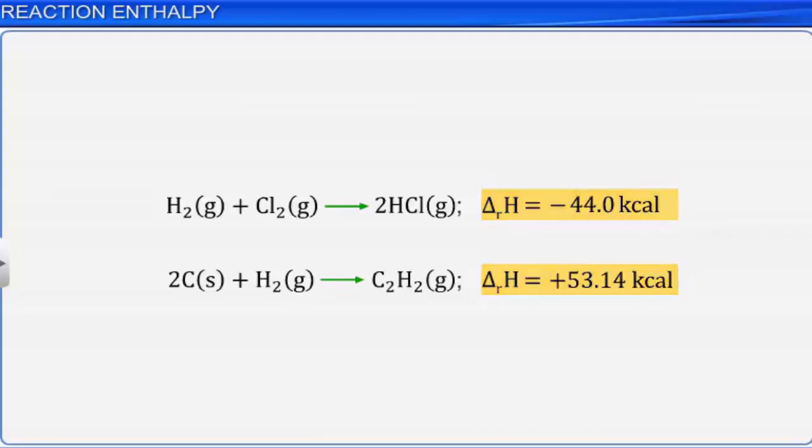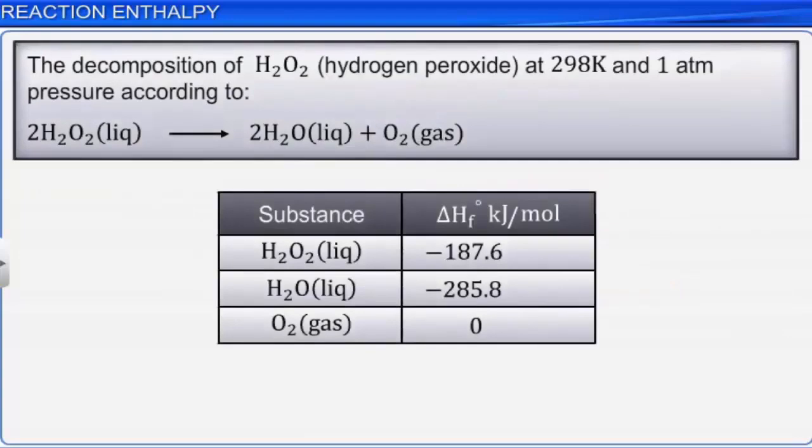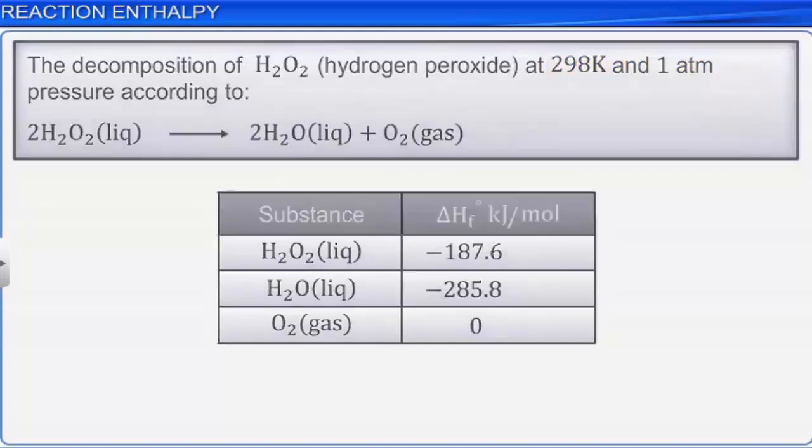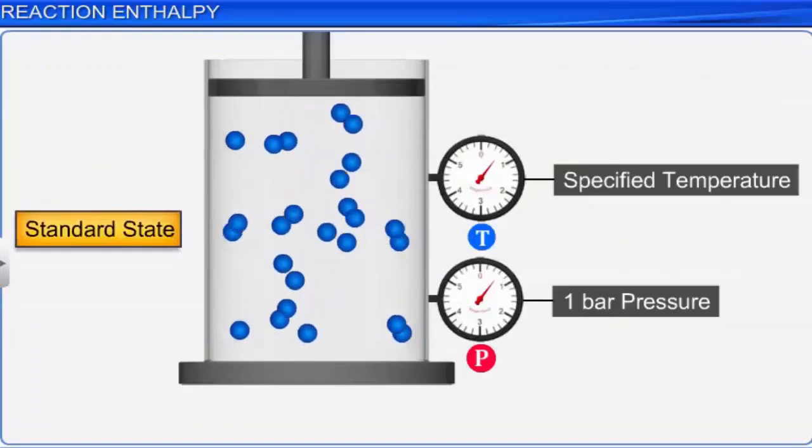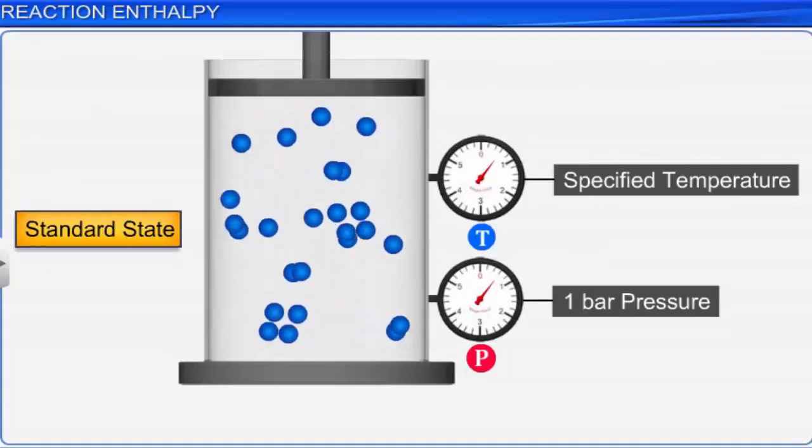The standard enthalpy of a reaction is the enthalpy change accompanying the reaction when all the reactants and products are taken in their standard states. A substance is said to be in a standard state when it is present in its most pure state under a pressure of 1 bar at a specified temperature.